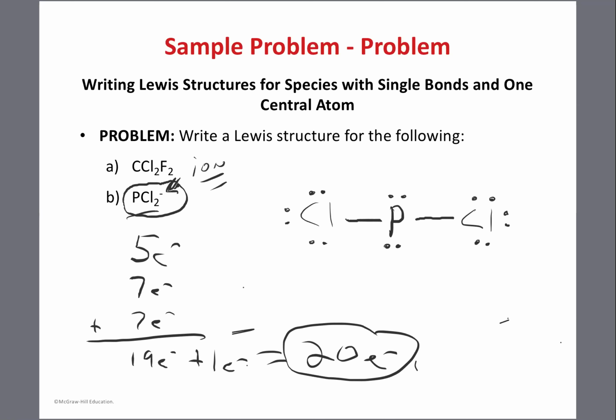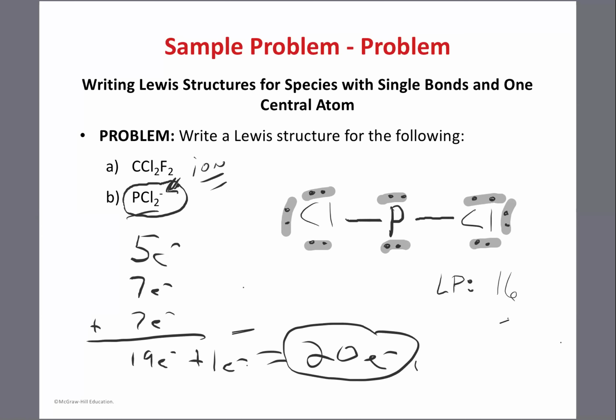Now we have to check and see whether or not the number of electrons we've got is what's reflected in our structure. So let's see, how many lone pair electrons do we have, okay? So if I was to highlight them, let's say 2, 4, 6, 8, 10, 12, 14, 16. My count was correct.